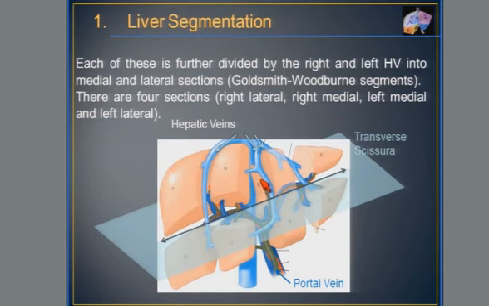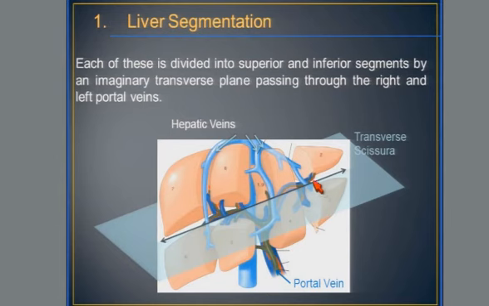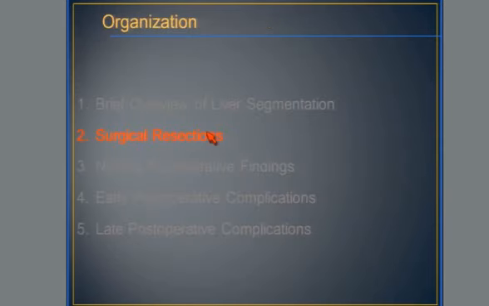There are four sections: the right lateral, the right medial, the left medial, and the left lateral section. Each of these sections is divided into superior and inferior segments by an imaginary transverse plane, which is called the transverse caesura.